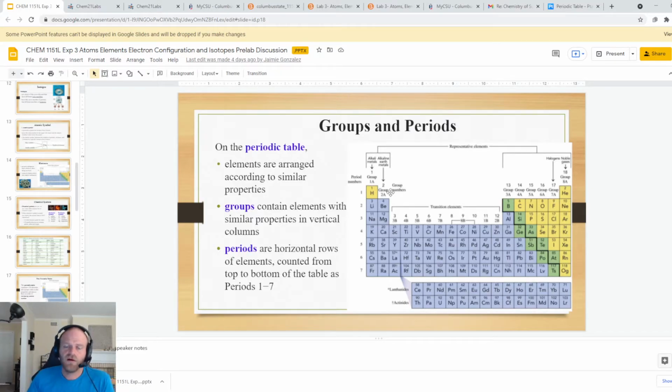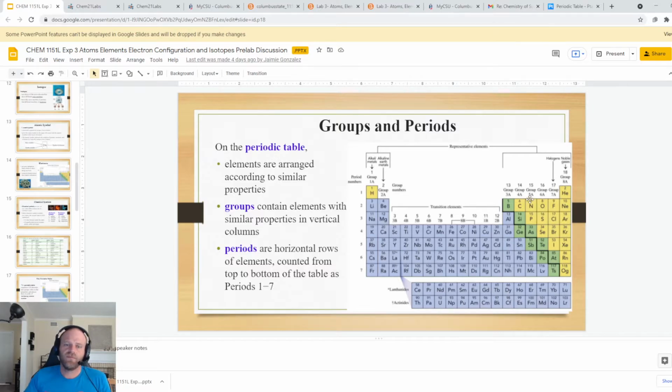We call the columns groups, and knowing the group number is important for electron configuration, but also for being able to tell the difference in properties. All of my group 1 elements are alkali metals, all of my group 2 elements are alkaline earth metals, and then we have other names for the right side, like pnictogens, halogens, and noble gases.